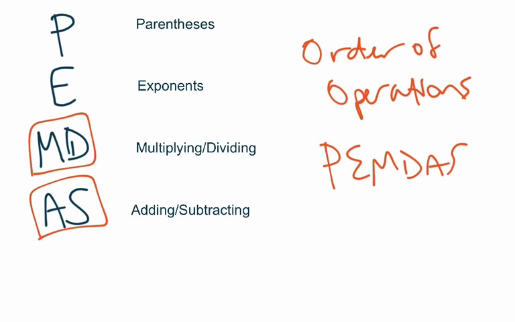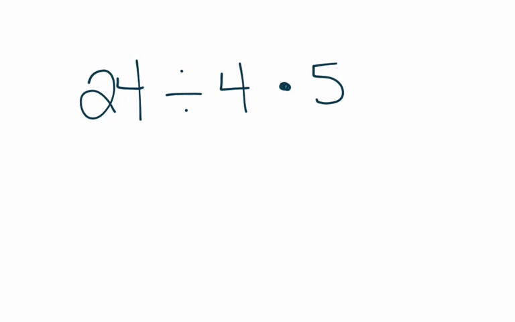So I'll show you an example of what I'm talking about. You won't always do multiplying before you do dividing. And you won't always do adding before you do subtracting, because the problems could be different. Okay, in this example, we have division here, and we have multiplication here.